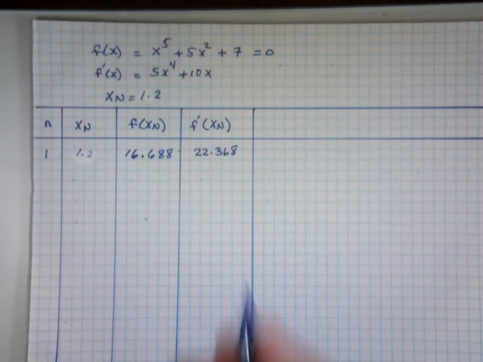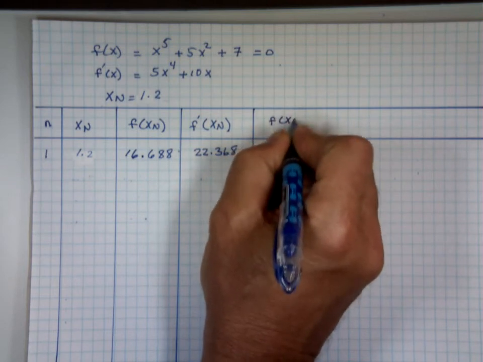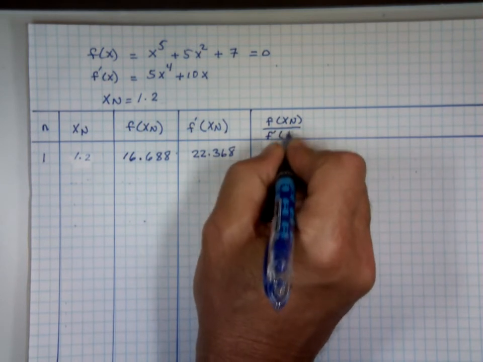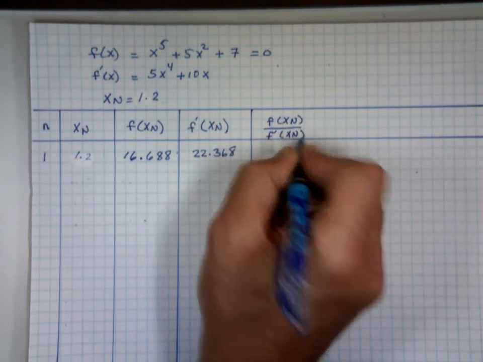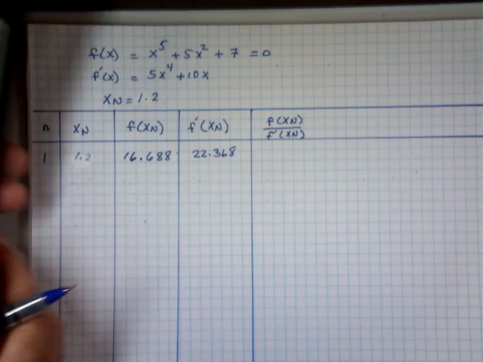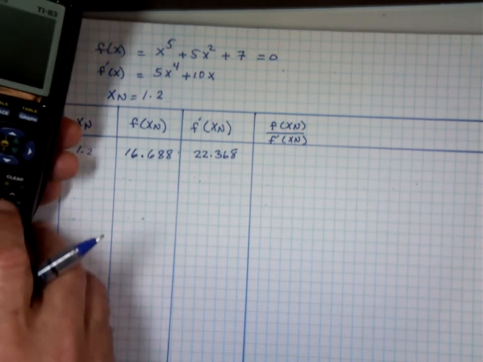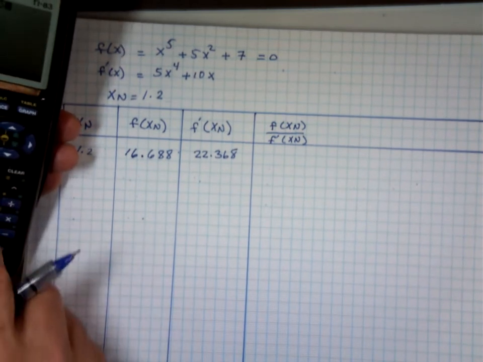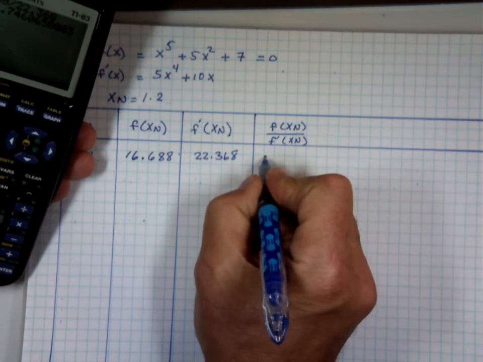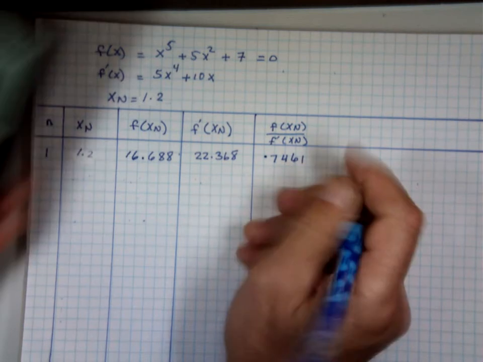Not quickly, but when I do f of x of n over the derivative, you divide this number by that number. 16.688 divided by 22.368. That number is 0.7461. That's plenty.